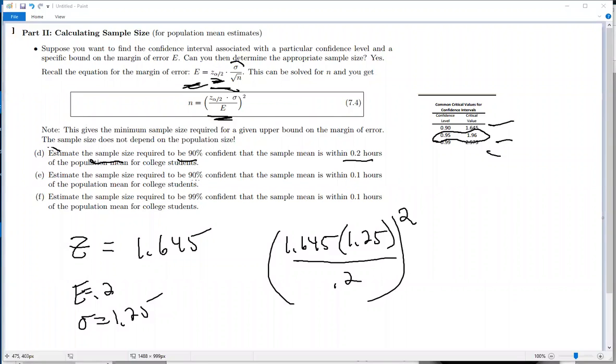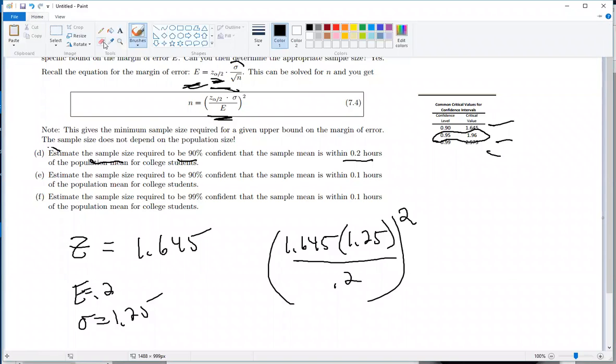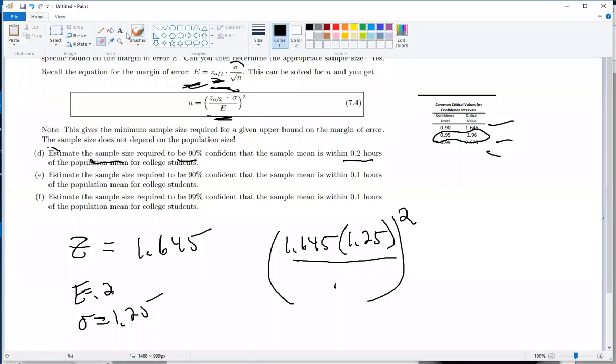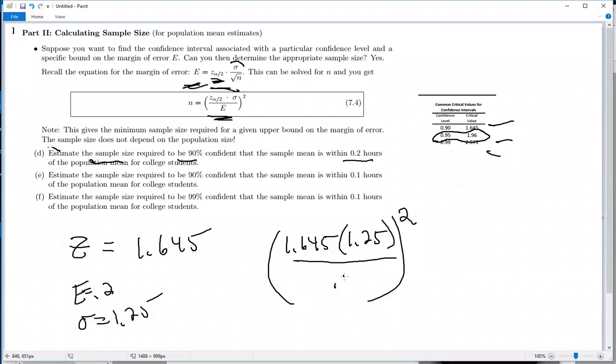Now for the next one, if we want to be within 0.1 hours of the true mean, all we have to change is, let's see, get an eraser. All we have to change is the 0.2 and make it 0.1, because that's our new margin of error. And I won't show you that on the calculator, but I think I've done it once.